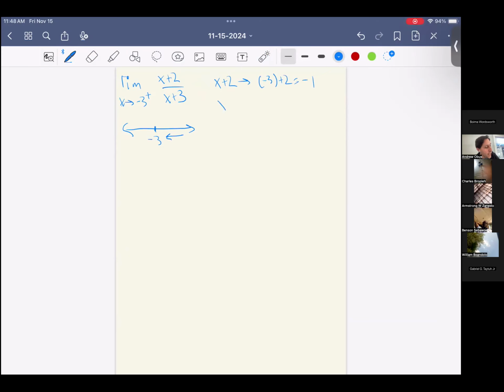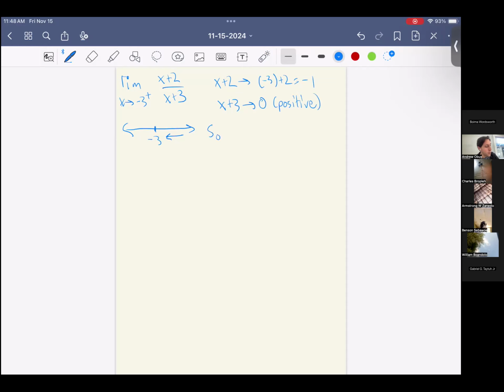But now, for x plus 3, we're looking at numbers that are a little bit greater than -3. And so if it's a small bit greater than -3, then when we add 3, it's going to be a little bit greater than 0. So this is approaching 0, but it's always going to be positive numbers as it's approaching 0.